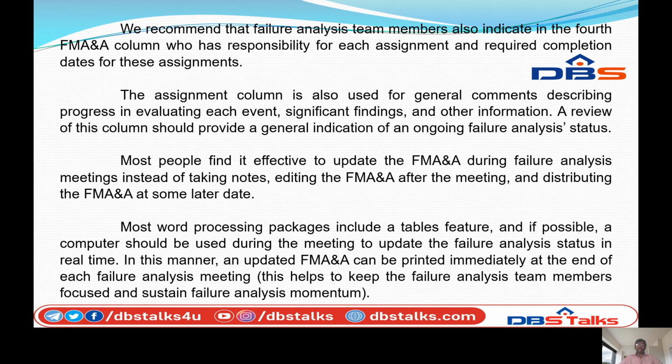Most word processing packages include table features, and if possible a computer should be used during the meeting to update the failure analysis status in real time. In this manner, an updated FMA can be printed immediately at the end of each failure analysis meeting. This helps to keep the failure analysis team members focused and sustain failure analysis momentum.